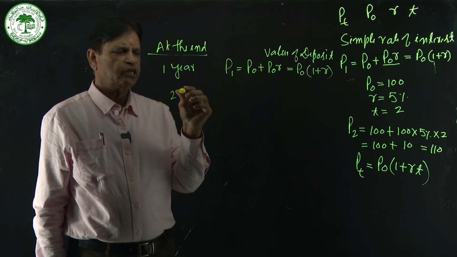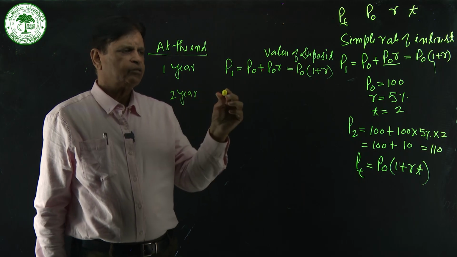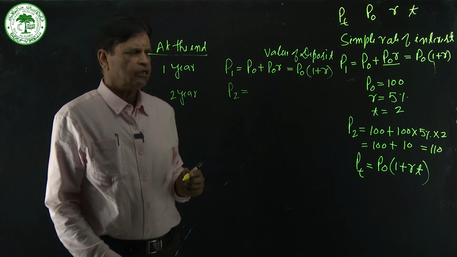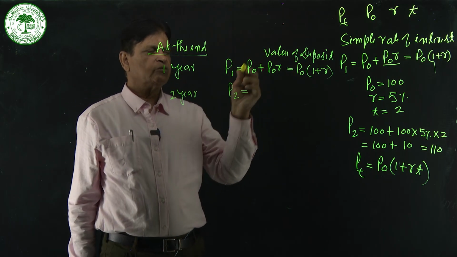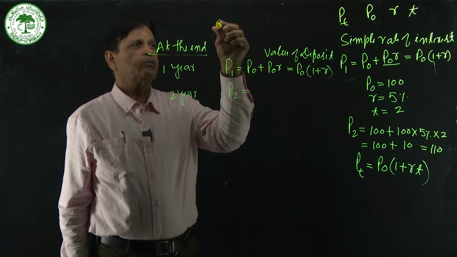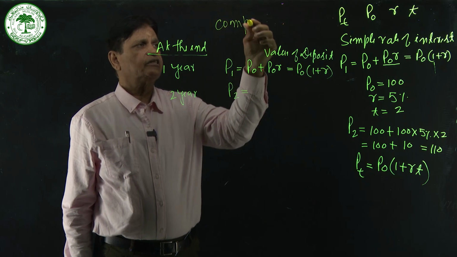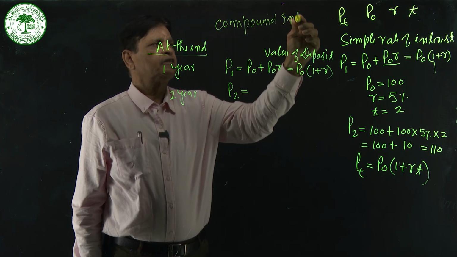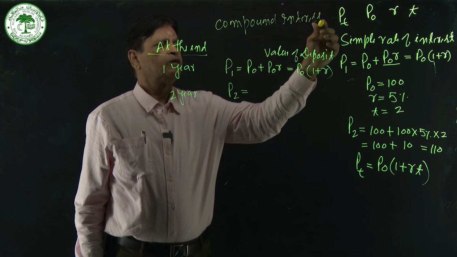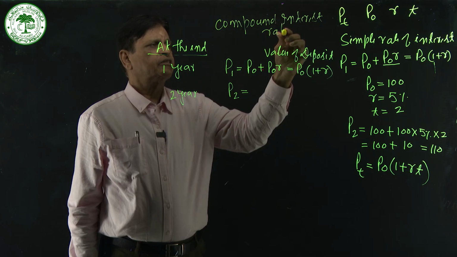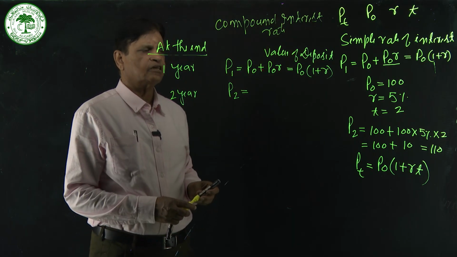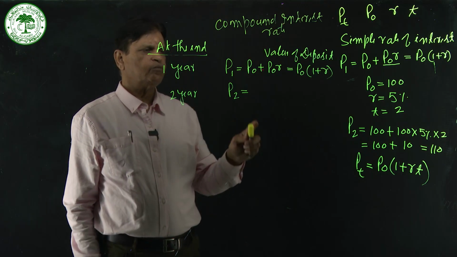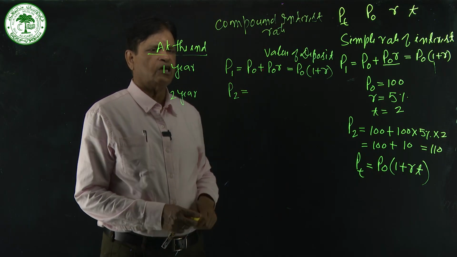So after 2 years, we have P2. Now, in the second year, because we are talking about compound interest rate, which is not simple rate of interest, the principal amount will be the total amount after the first year.